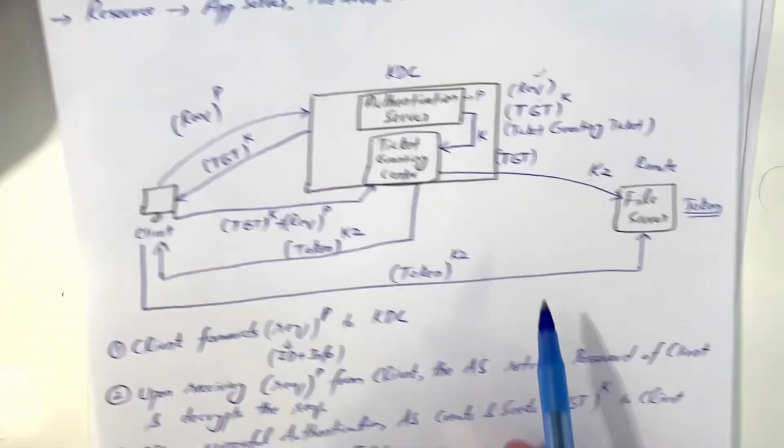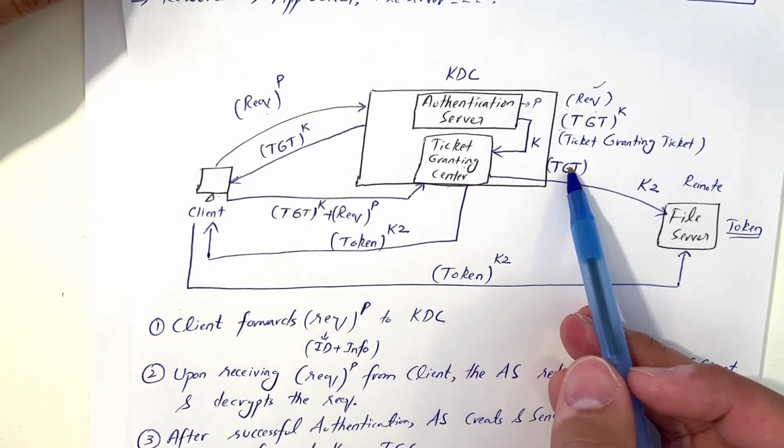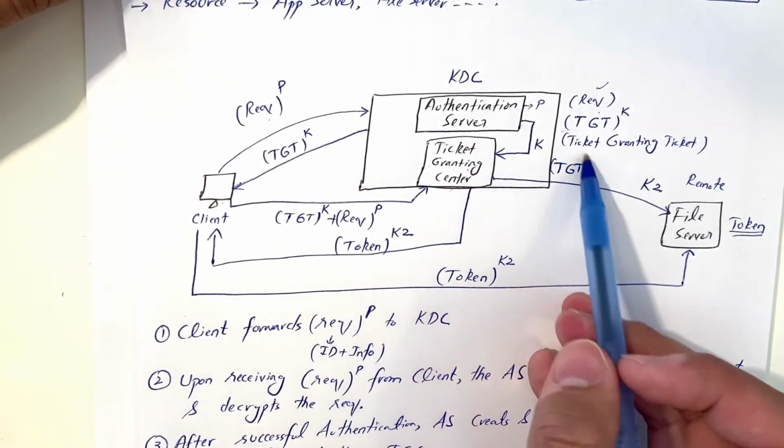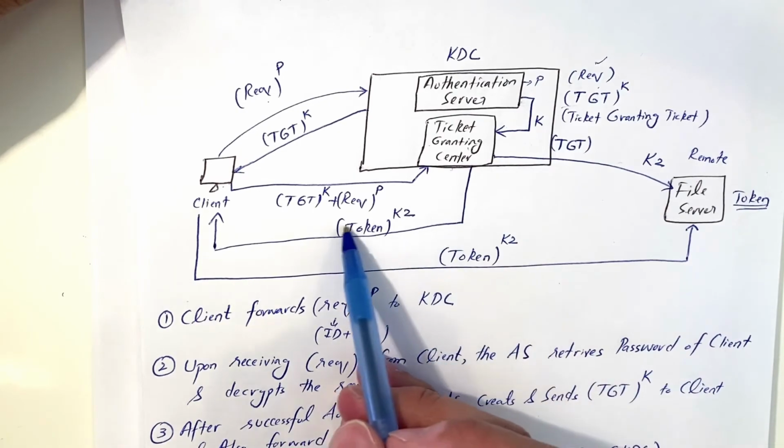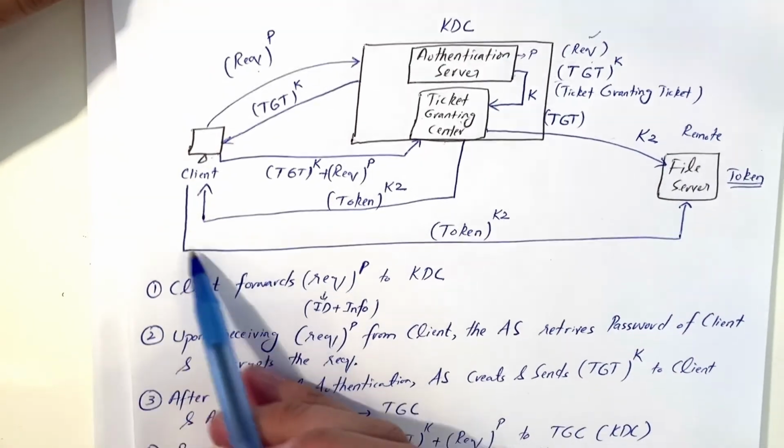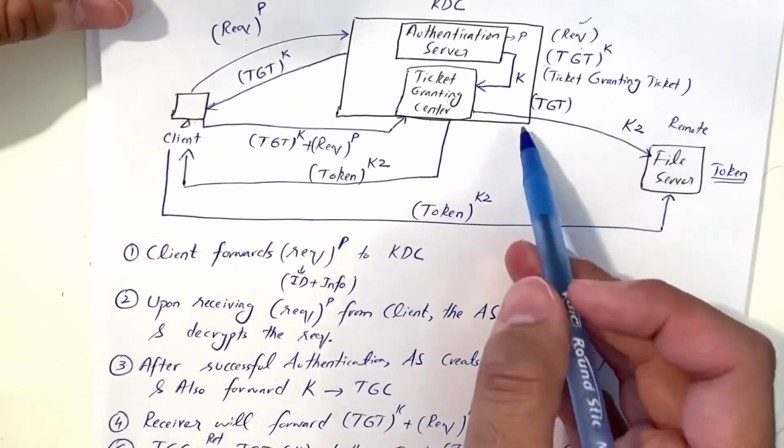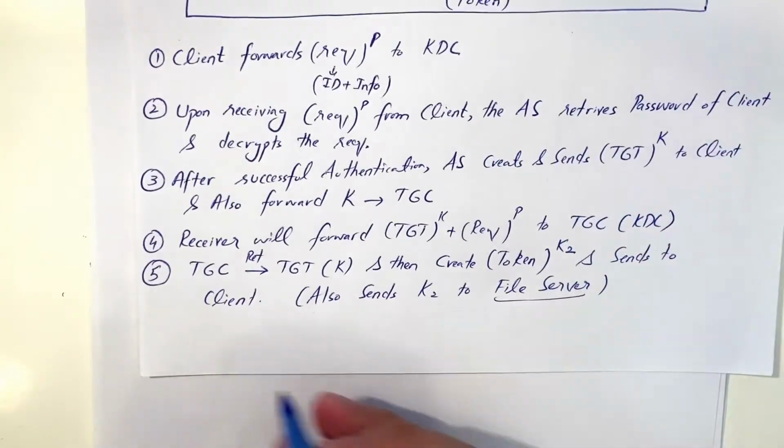If you see, they will retrieve the TGT because they already got the key. If it got verified, then they will send the token encrypted to the client, and the client will forward this token to the file server, and they will also forward this K2 to the file server.